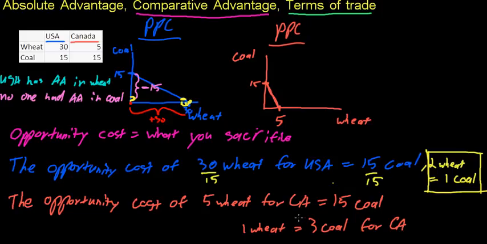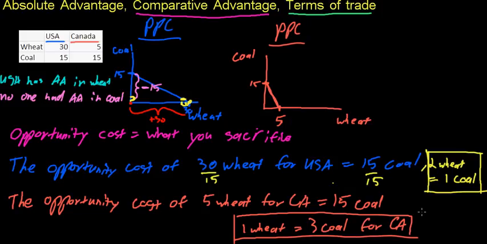So we can see then that Canada, I'm going to go ahead and put the USA in terms of wheat. So we can say for the US also that 1 wheat is equal to half a unit of coal, just dividing both of those by 2. I hope that that's clear. I'm kind of just taking a shortcut there.